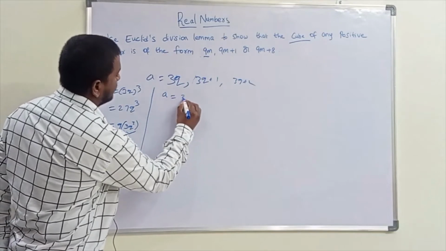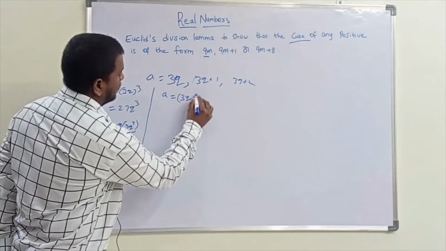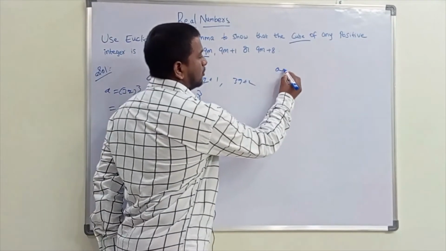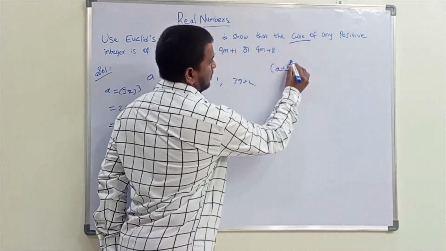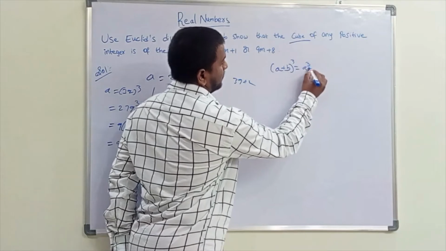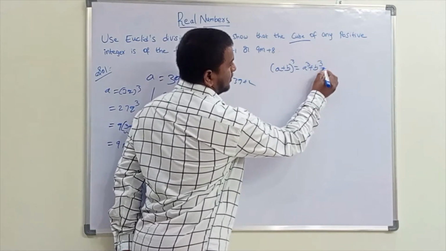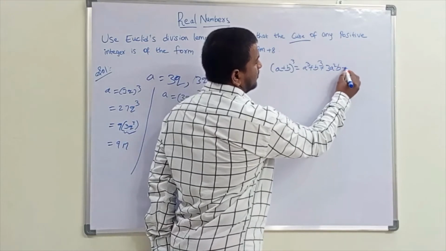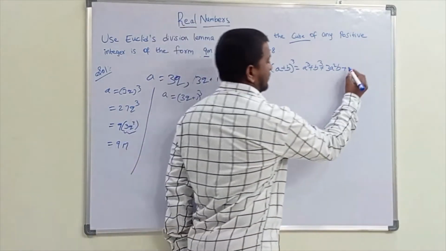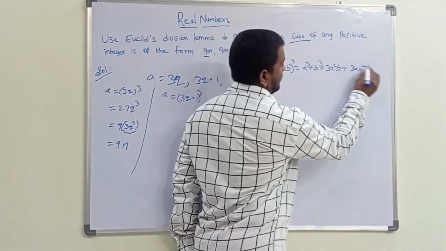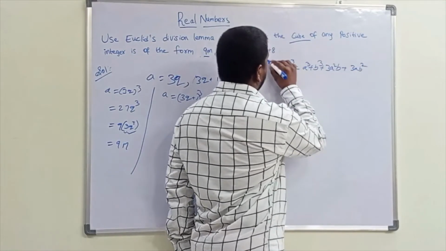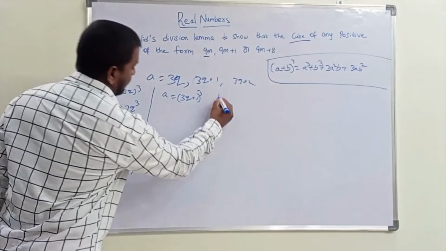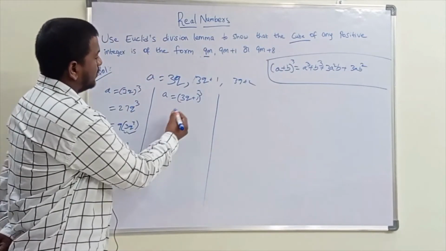a is equal to 3q plus 1 whole cube. So I'll write here the a plus b whole cube formula: a cube plus b cube plus 3a square b plus 3ab square. So by this example we can clearly see, a is 3q.